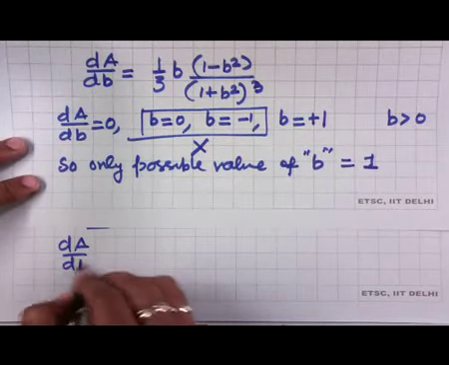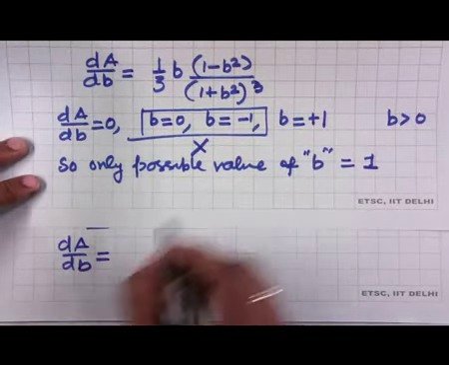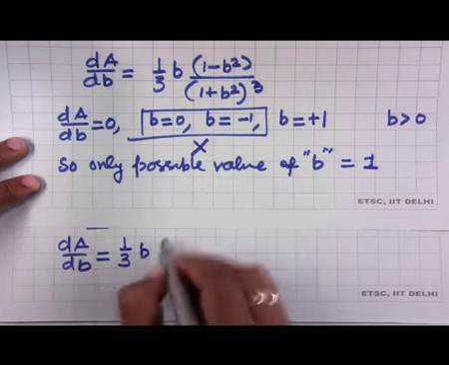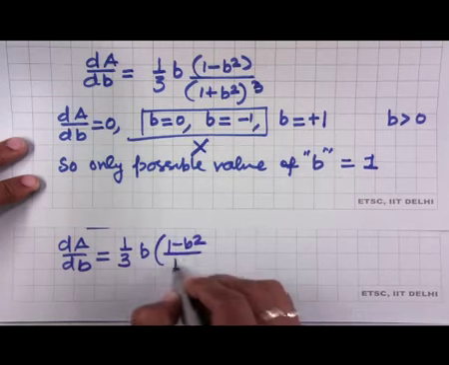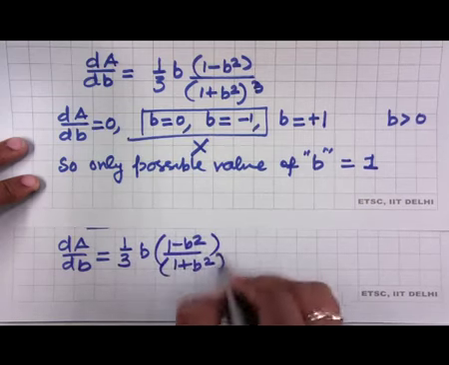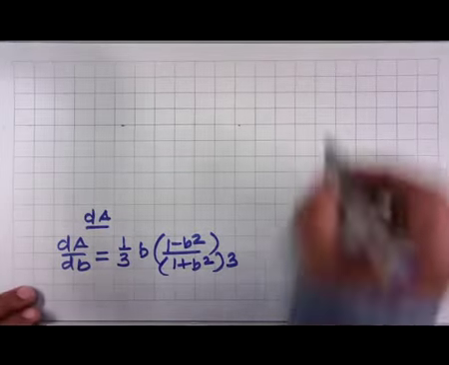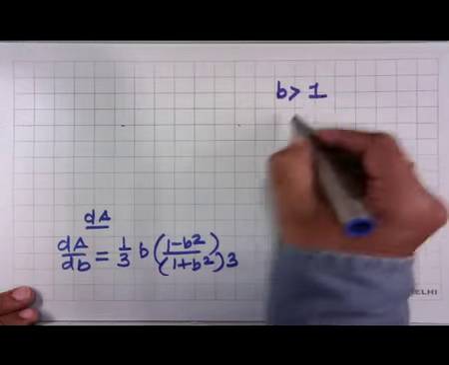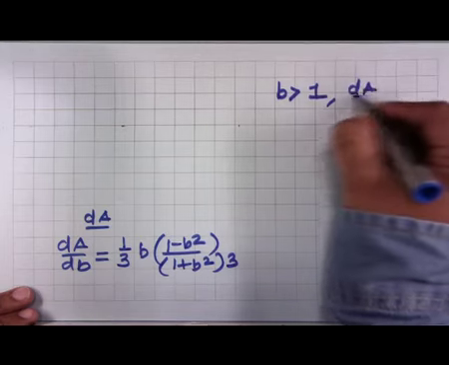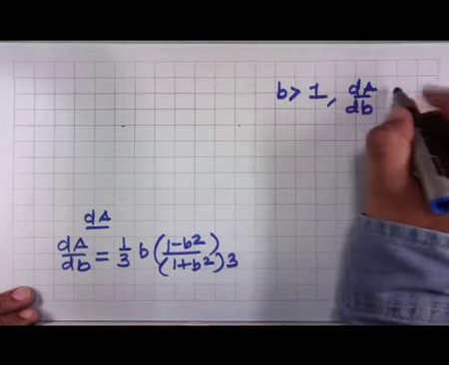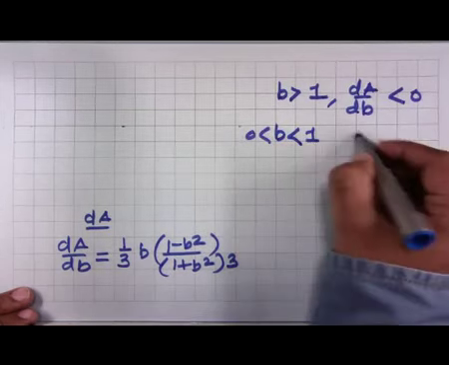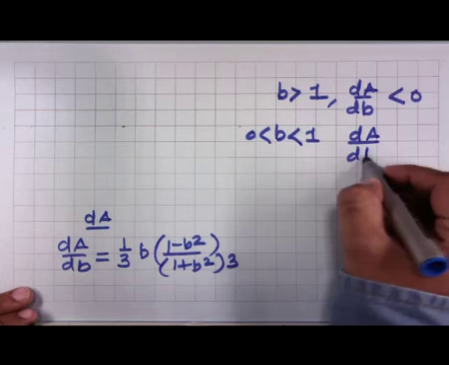So dA by dB is 1 by 3 b into 1 minus b square by 1 plus b square cubic. You can see that if b is greater than 1, then dA by dB is negative, and if b is less than 1, between 0 and 1, dA by dB is positive.